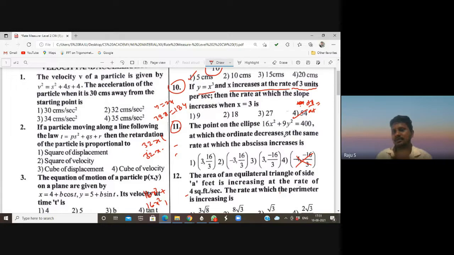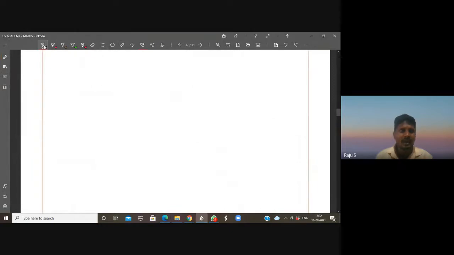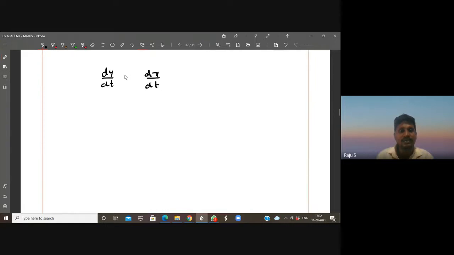According to the given data, the point on the ellipse at which the ordinate decreases at the same rate at which the abscissa increases. The ordinate is decreasing. How can you take this condition? At the same rate. For example, dy by dt is the rate of change of ordinate, and dx by dt is the rate of change of abscissa.